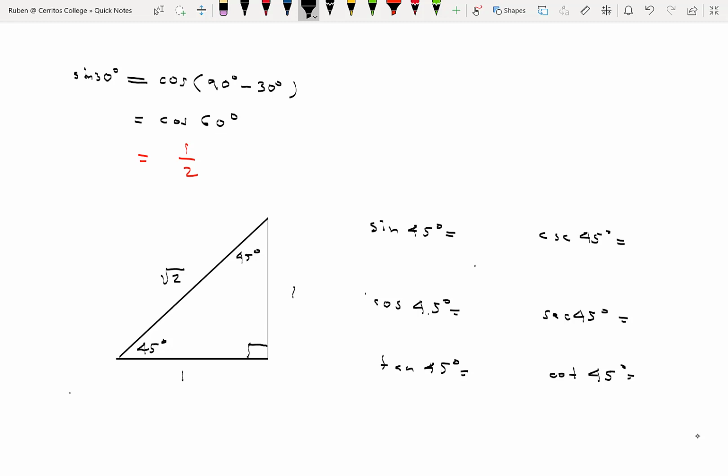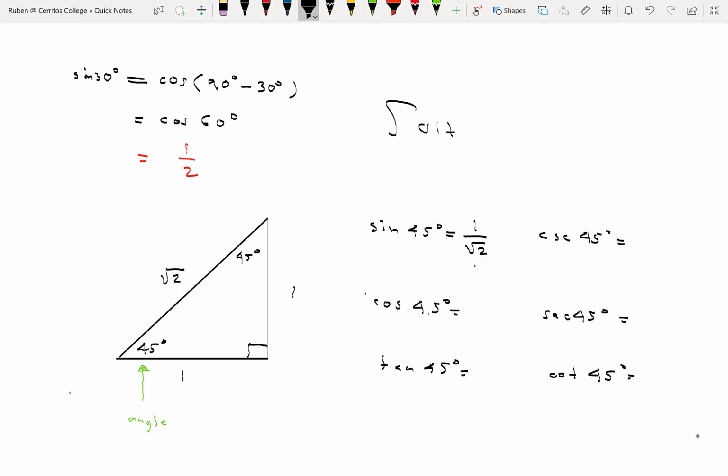Same order every time. The sine, remember SOHCAHTOA says the sine is opposite over hypotenuse, so 1 over the square root of 2. If we consider the angle in the lower left-hand corner, so there's the angle, because the other one's also 45 in the upper corner.